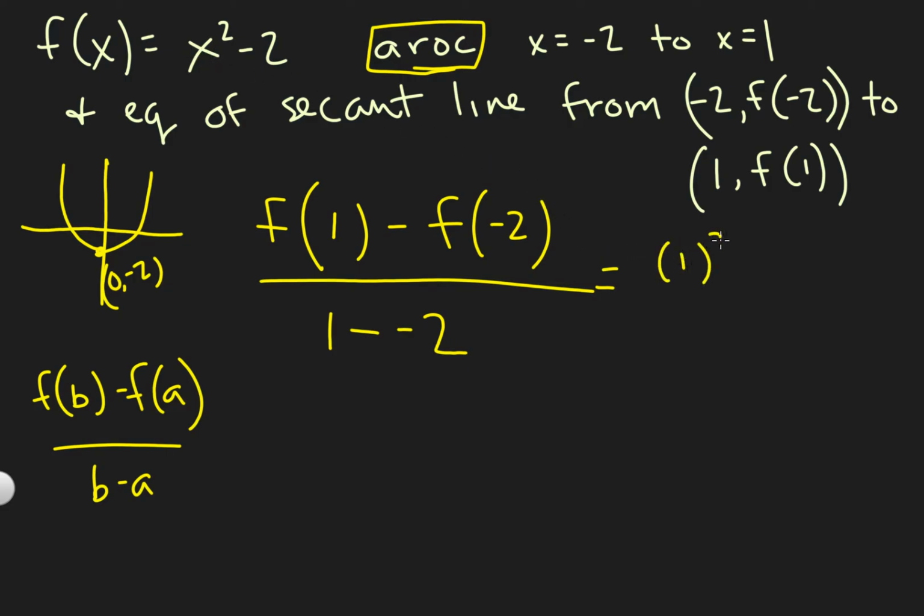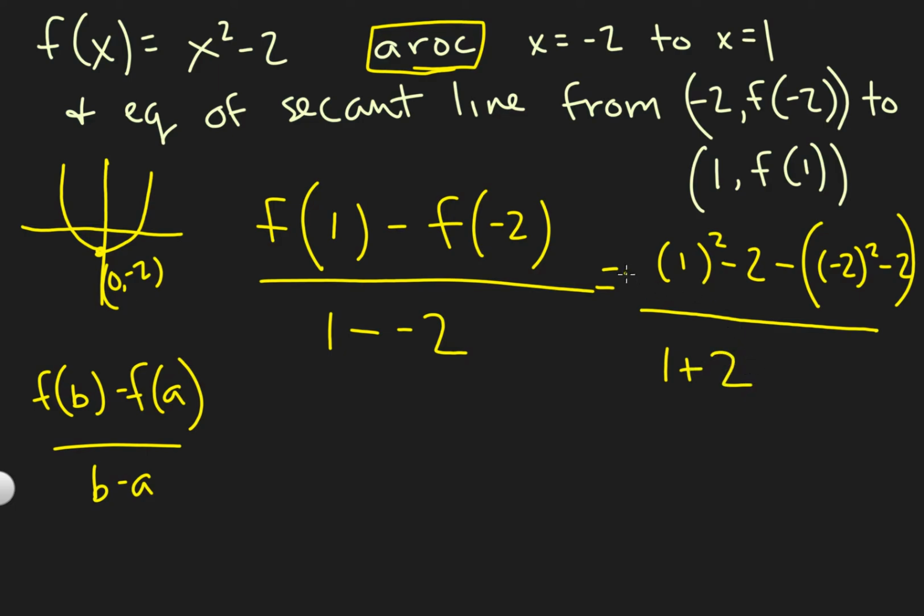We get 1 squared minus 2 minus (-2 squared minus 2) over 1 plus 2. Again, simplifying, we get 1 minus 2 minus (4 minus 2) over 3.